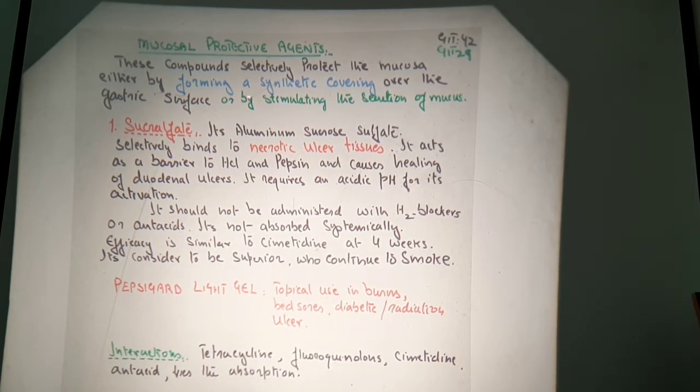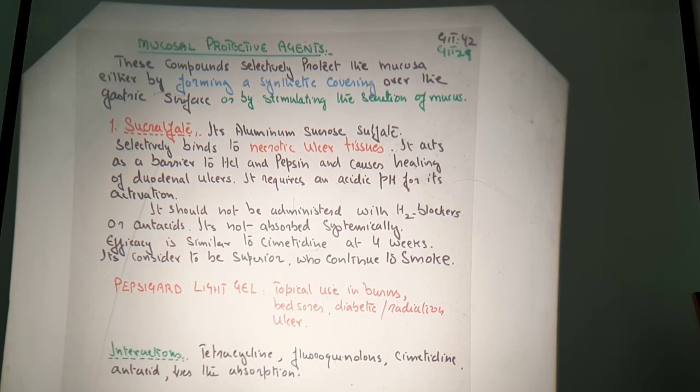Now under this heading, mucosal protective agent, first is sucralfate. Chemically it is an aluminium sucrose sulfate, known as sucralfate. Sucralfate selectively binds to the necrotic ulcer tissue.